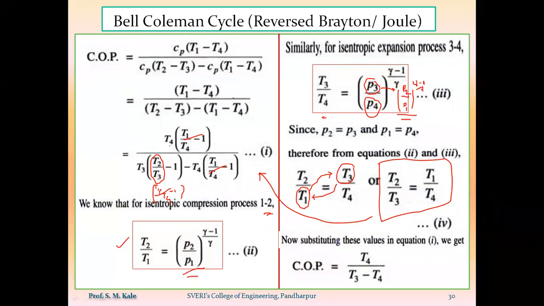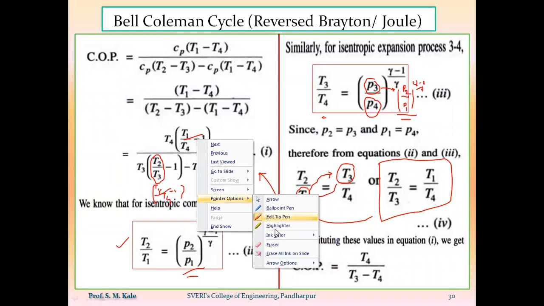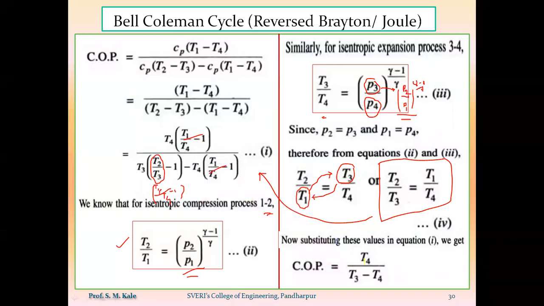Are you getting? So finally I will get the value for COP of the Bell-Coleman cycle as T4 divided by T3 minus T4. So this is the formula to calculate the value of COP.